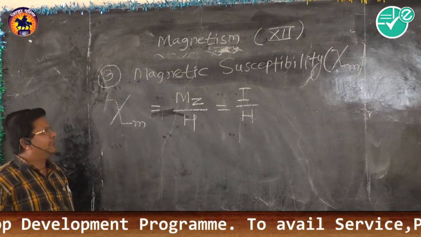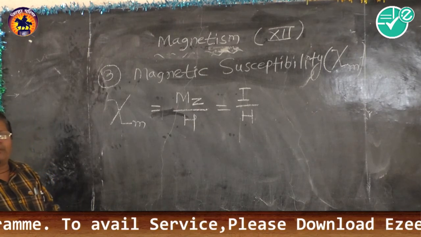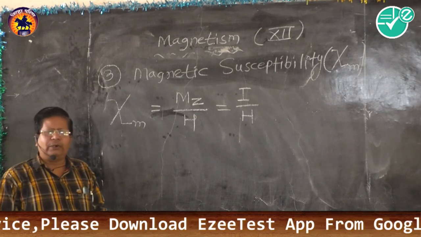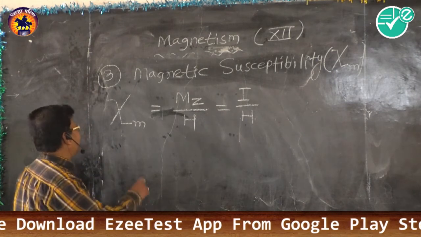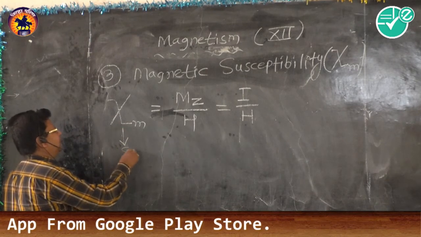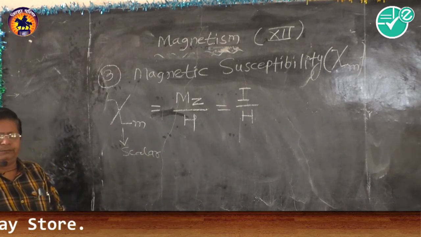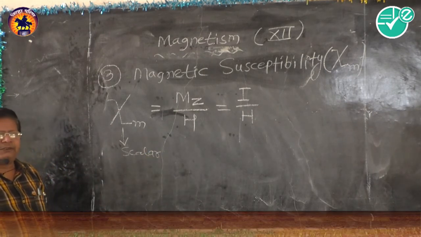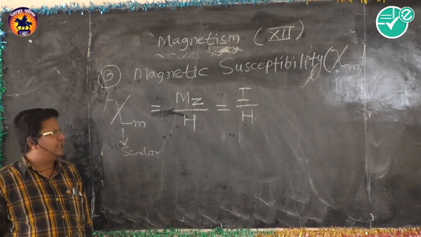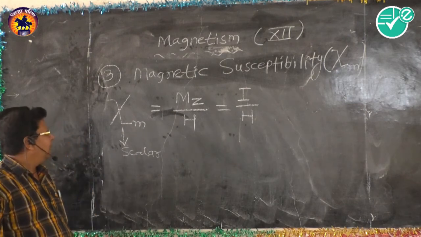As this magnetic susceptibility is the ratio of two quantities, it has no unit and no dimensions. And again, this magnetic susceptibility is a scalar quantity. So the magnetic susceptibility is equal to M by H, or I by H.